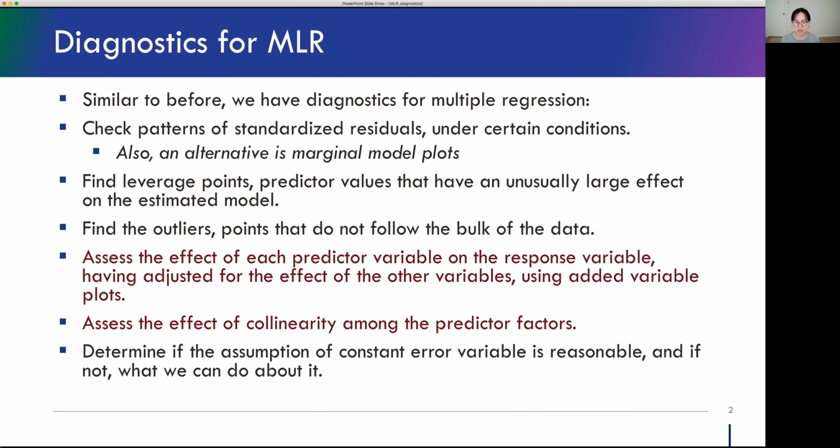So we did diagnostics for simple linear regression before, right? We will do something very similar when we do the diagnostics for multiple linear regression.